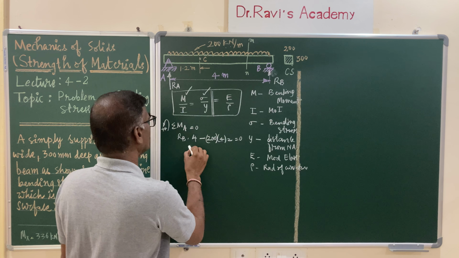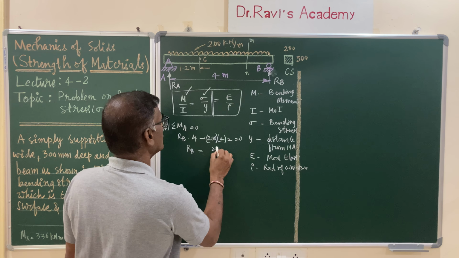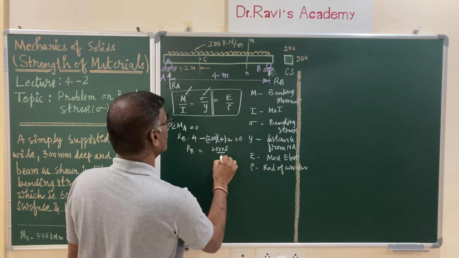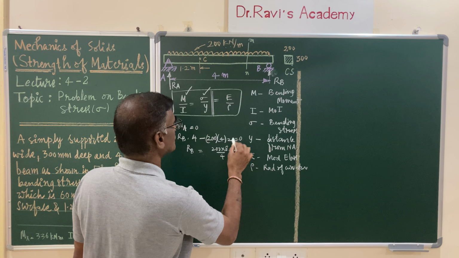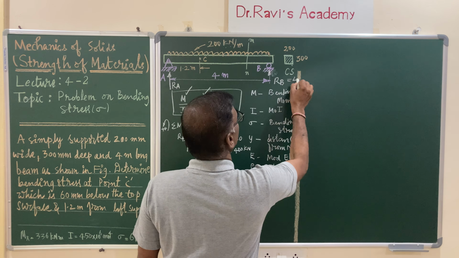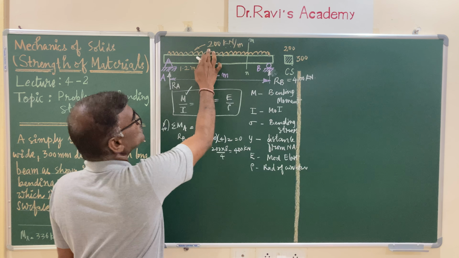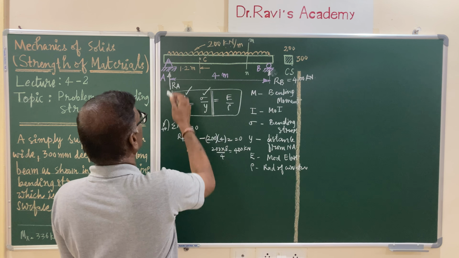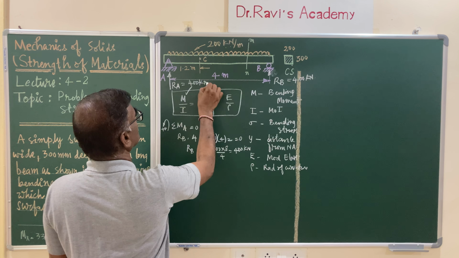From this, RB is equal to 200 into 8 by 4, which is 400 kilonewtons. The total load is 200 into 4, that is 800, so obviously RA is also 400 kilonewtons.